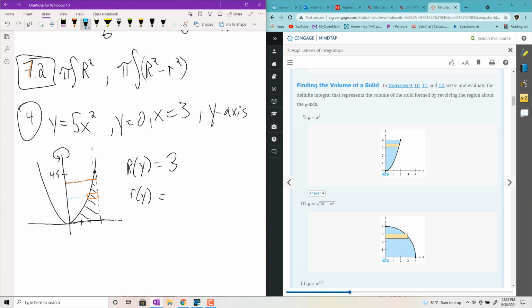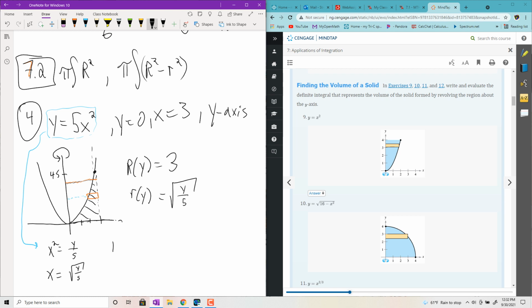Okay, so that would be given by this formula, but you need to find it in terms of y. So I need to take that and solve for x. I'll have x squared equals y over 5, and then taking the square root on both sides, plus or minus the square root of y over 5. I only need the positive arm, so little r of y is going to be the square root of y over 5.